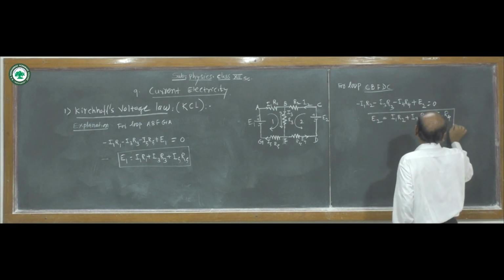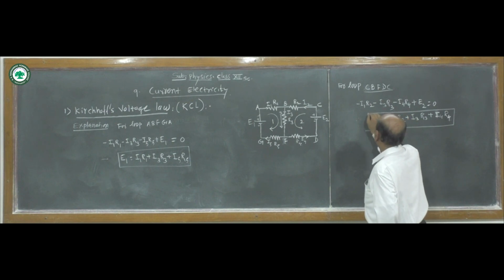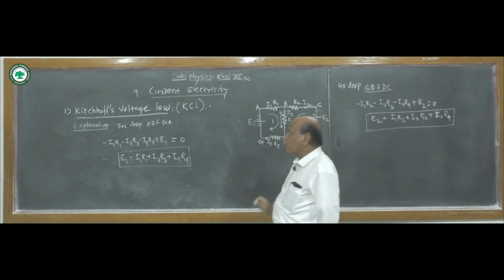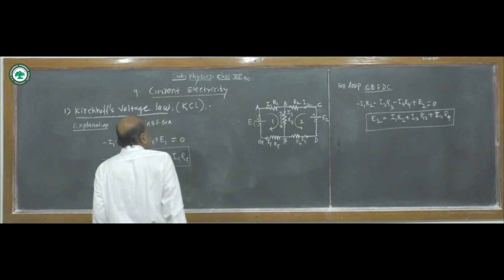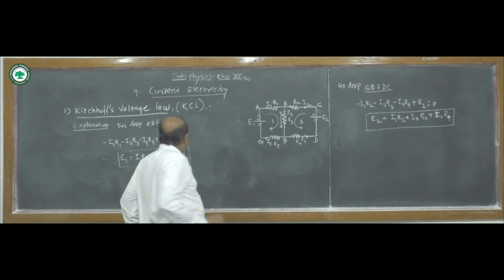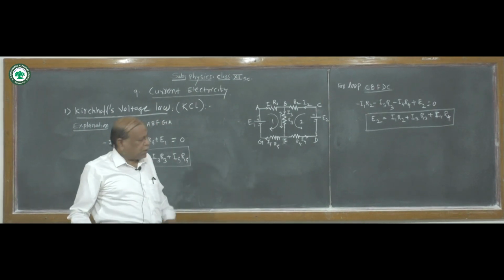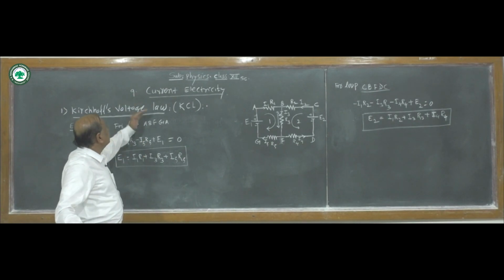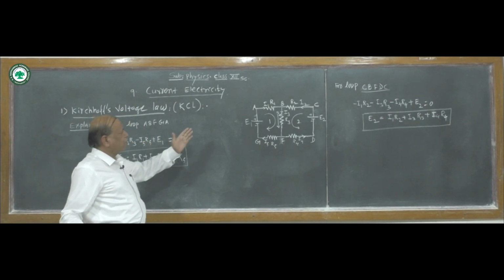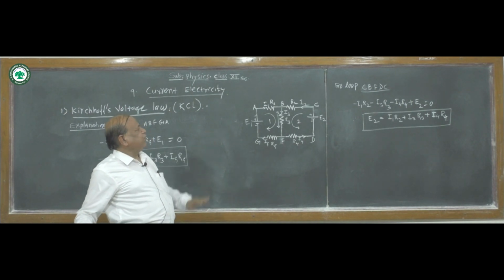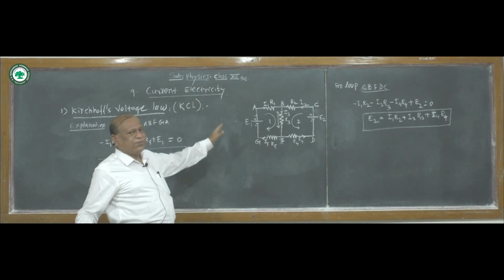This is the value of EMF E2. In this way, we can apply Kirchhoff's voltage law for this network A, B, C, D, F, G.